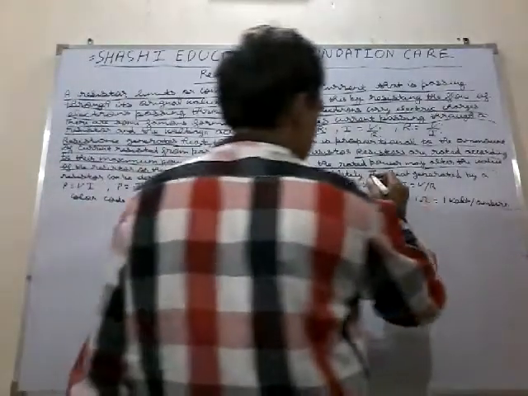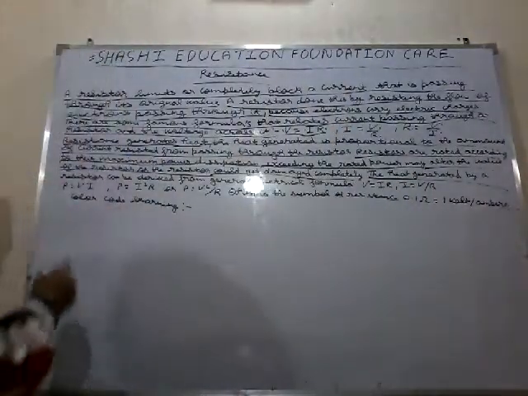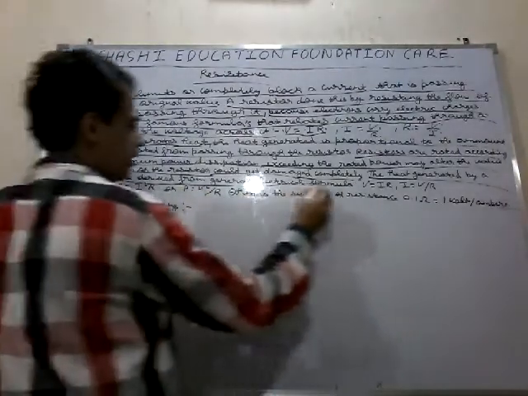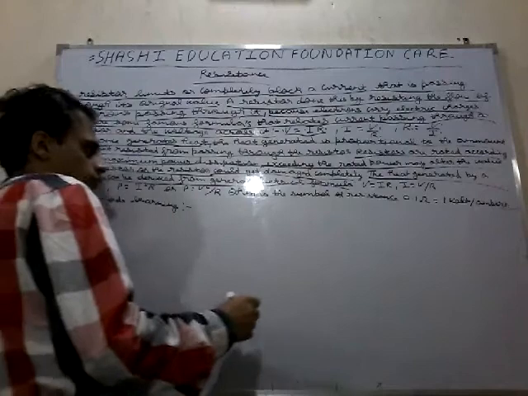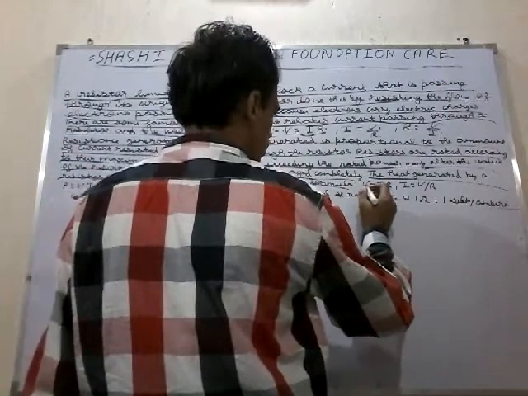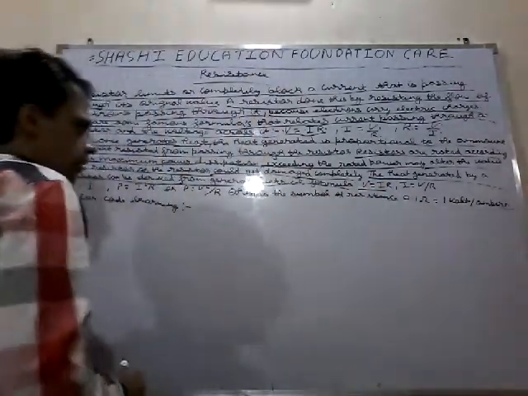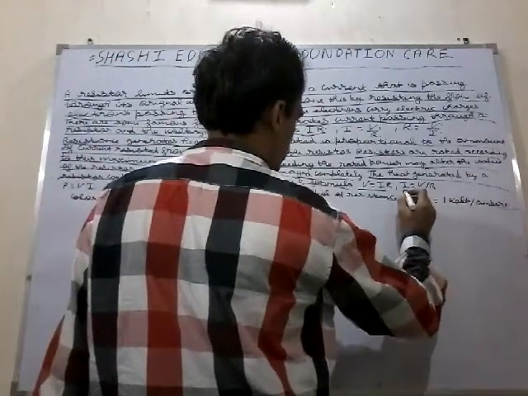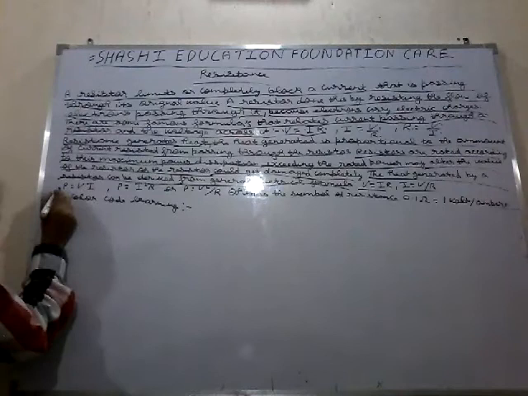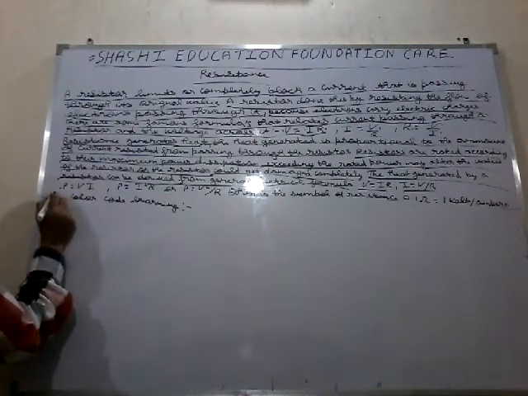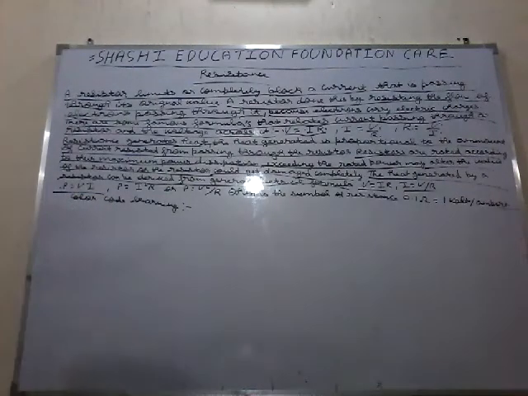The heat generated by a resistor can be derived from the general electrical formulas. Voltage equals current into resistance. Current equals voltage upon resistance. P stands for power. Remember this: power equals voltage into current.